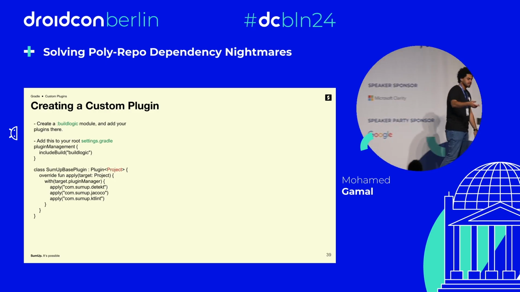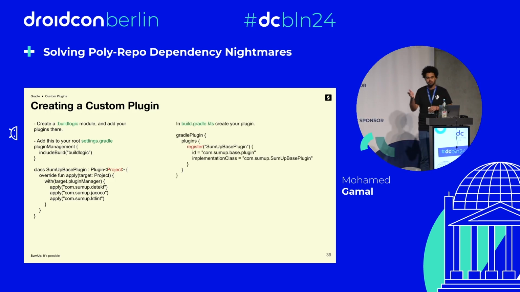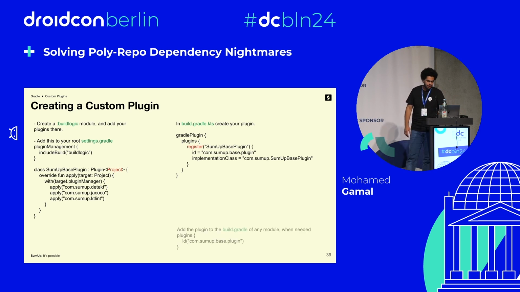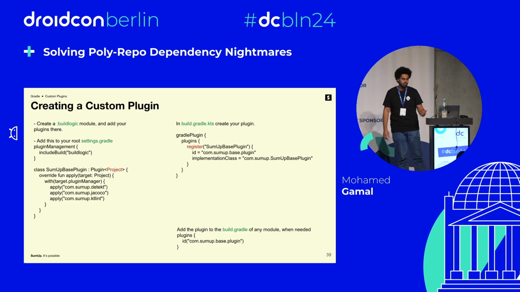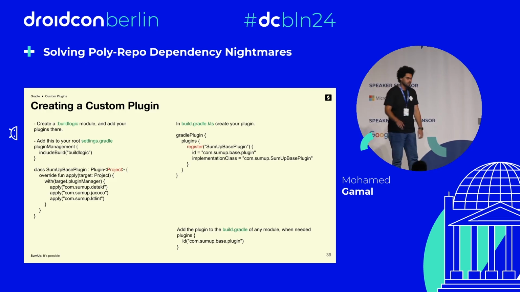We'll say later what it means exactly, and you can apply whatever you want in this plugin. And then you register this plugin in your Gradle file, and then you can just use this plugin wherever you want. So here, for example, when I registered it, the ID is com.sumup.baseplugin, that you can use in any module.